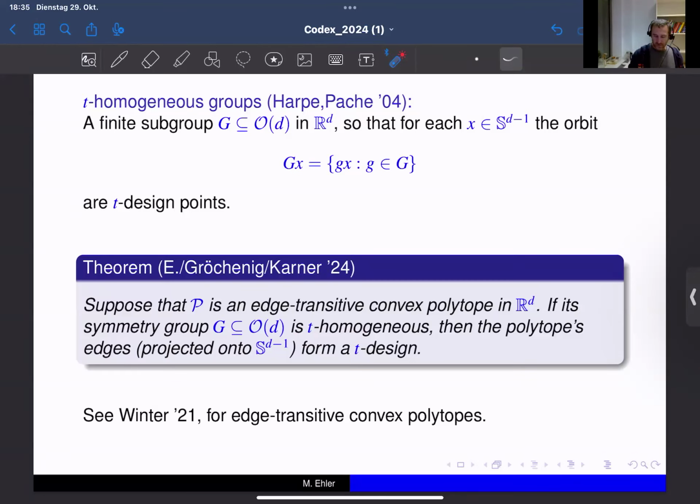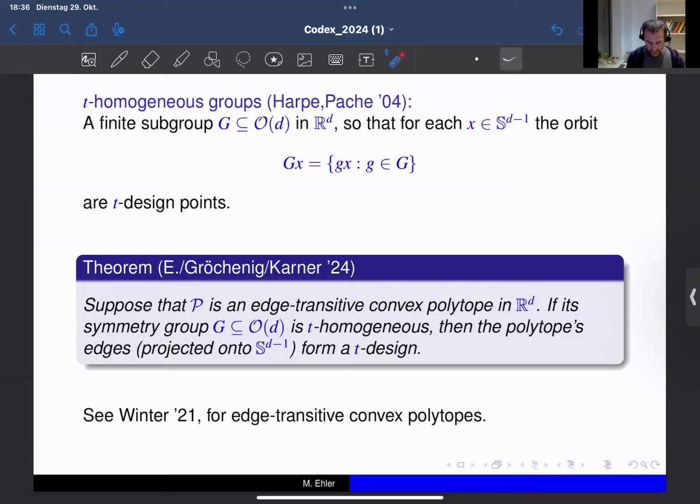This is essentially the generalization of what has been done for t-design points. For points, they take special convex polytopes with nice symmetry groups, and then the vertices are the orbit, and therefore they are t-design points.